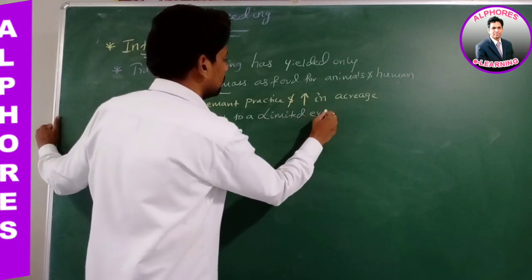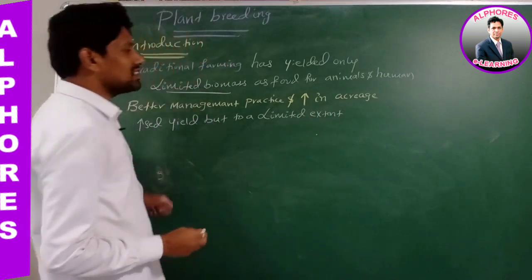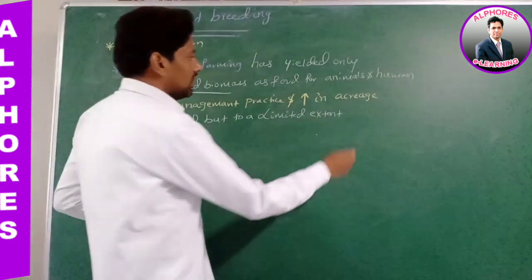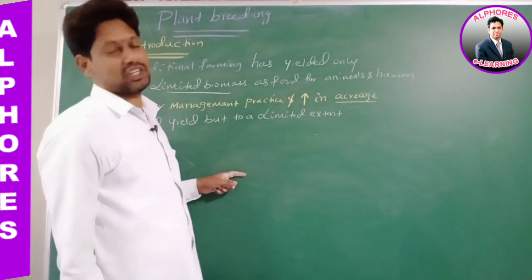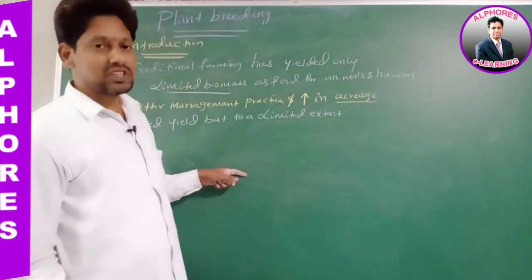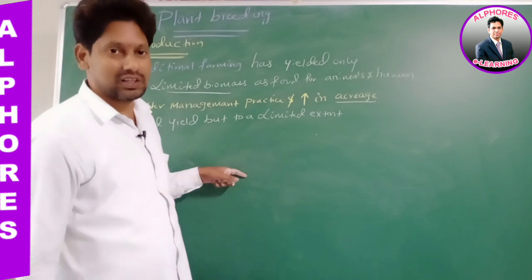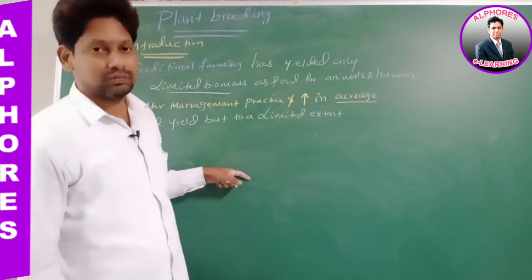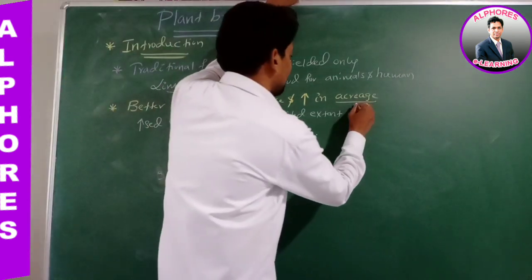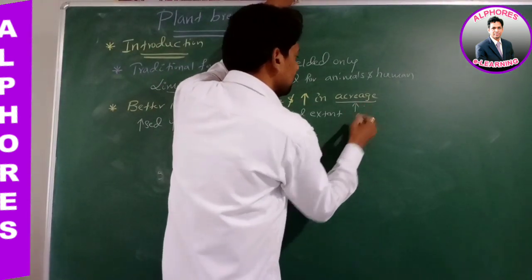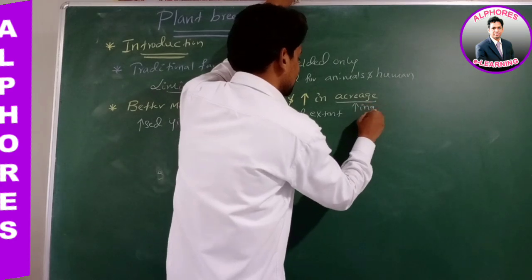Sir, what is the meaning of acreage, sir? Acreage means increasing land under cultivation. It means how much land we are using for agriculture, we are increasing that land. Therefore, increasing land under agriculture is called acreage. Increasing what?